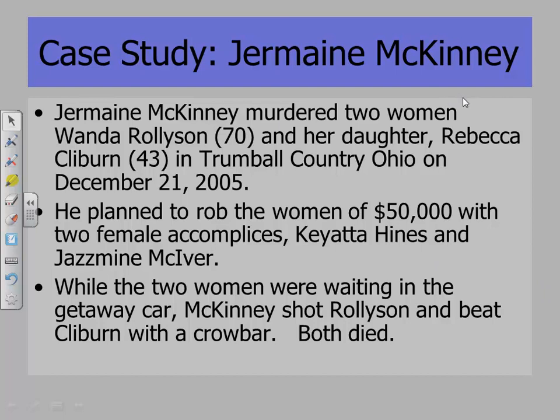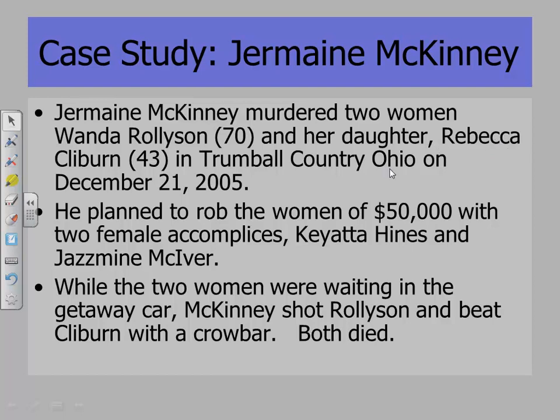He murdered two women in Trumbull County in Ohio, up in southeast Ohio, a mother and a daughter. The daughter was one of his customers using drugs, so he came over to sell her drugs, and then he decided to rob her.